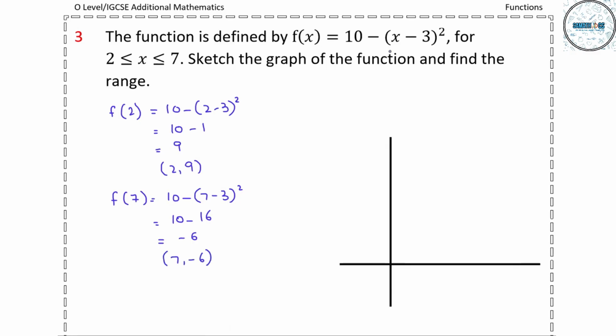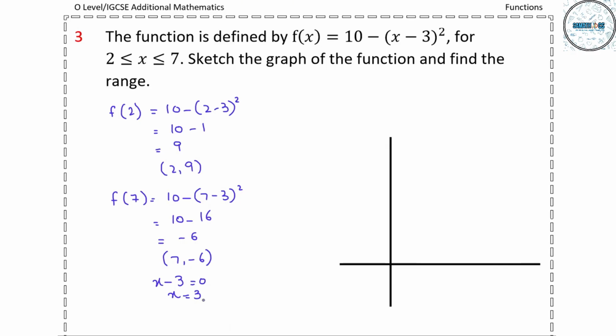As it is a quadratic function, we have to consider the turning point as well. We have here 10 minus x minus 3 whole square. The smallest value which we can consider for this square is 0, because if you get a negative here, it will always be positive. So if we take x minus 3 equal to 0, the value of x here is 3.